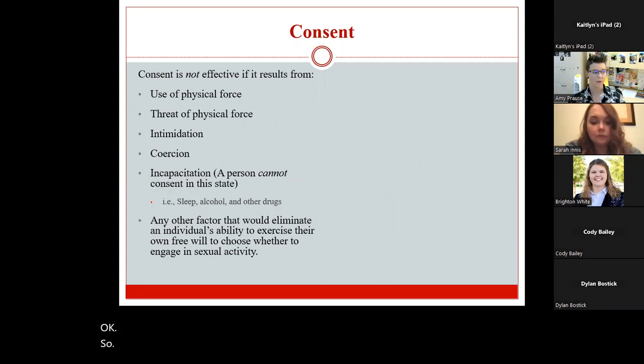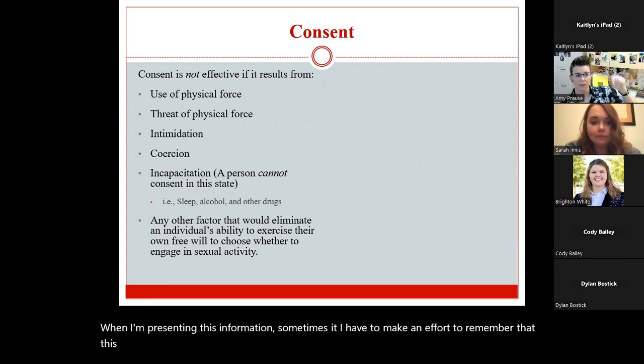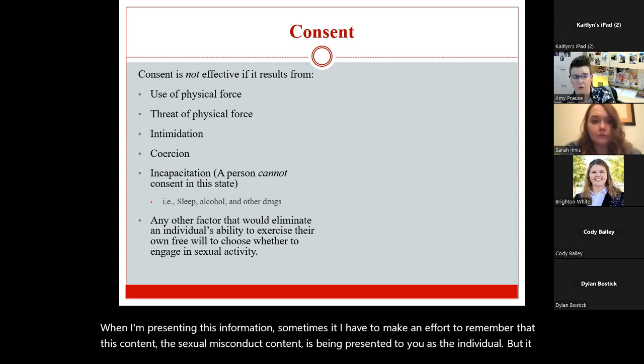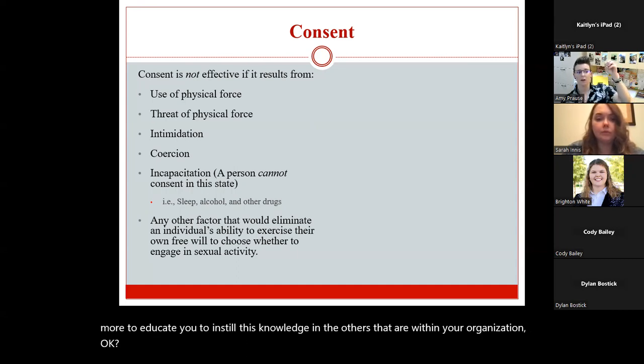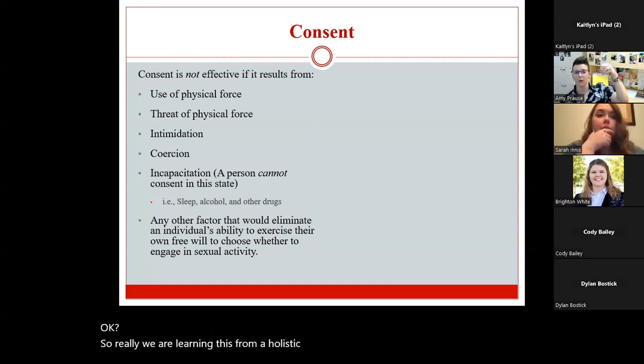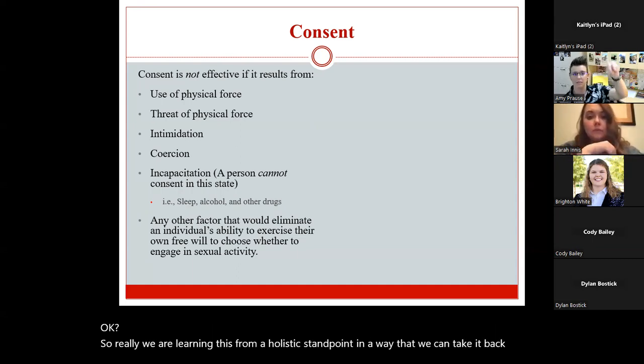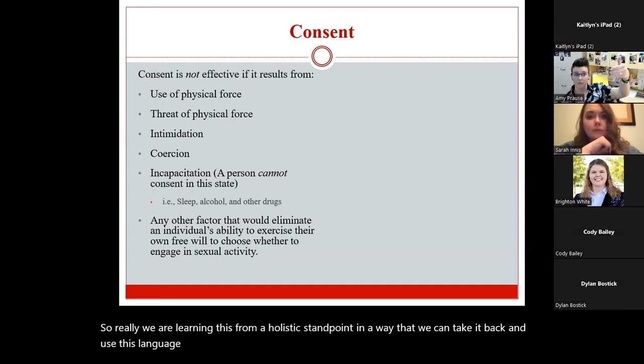When I'm presenting this information, sometimes I have to make an effort to remember that this sexual misconduct content is being presented to you as the individual, but it's more to educate you, to instill this knowledge in the others that are within your organization. So really we are learning this from a holistic standpoint, in a way that we can take it back and use this language, which is student conduct, Title IX, parallel language with our membership body.